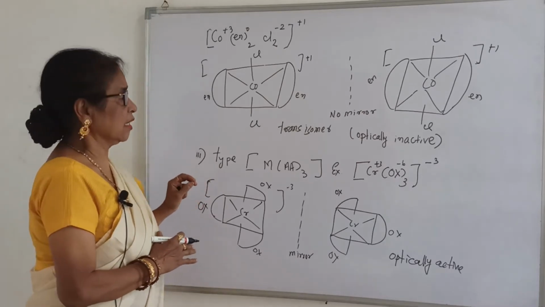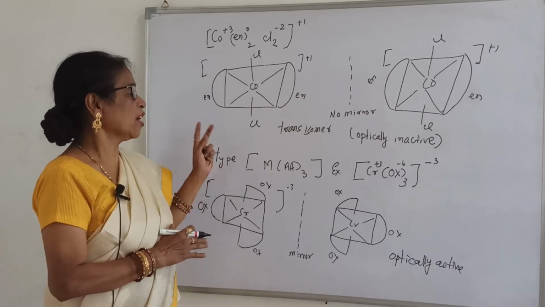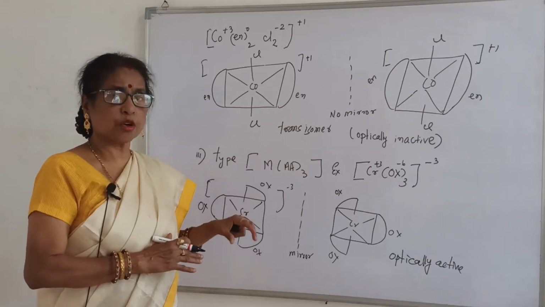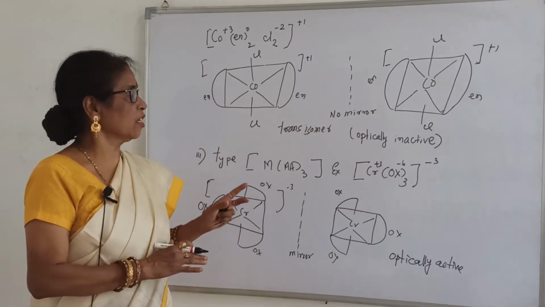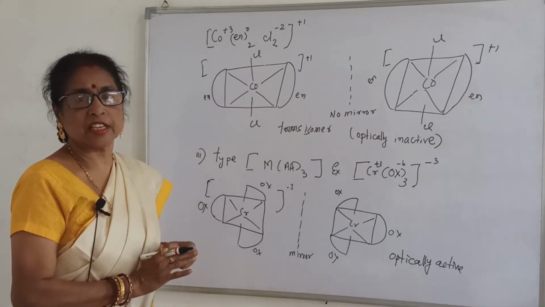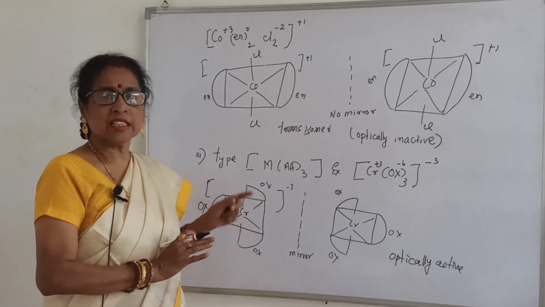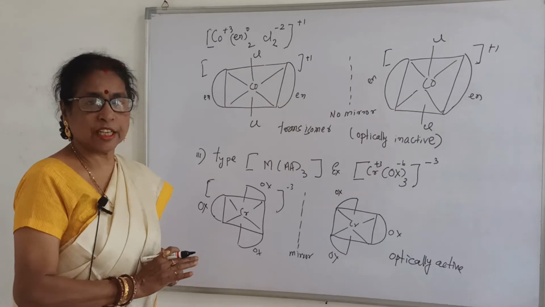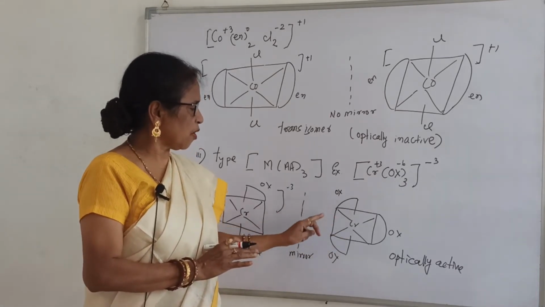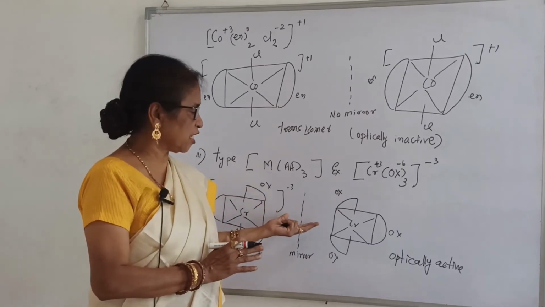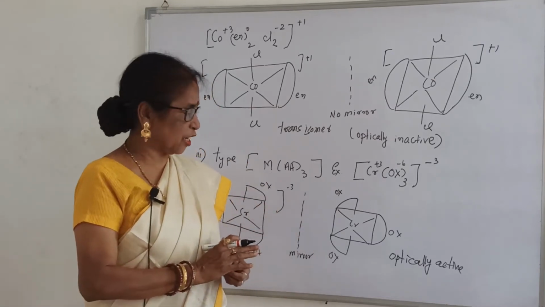Then what is the name? Trioxalato chromate, chromium, chromate, and 3-. That means what to write? That is Roman numeral III. Then here you can say three oxalato ions, as it remains the same, so it is not optically active.